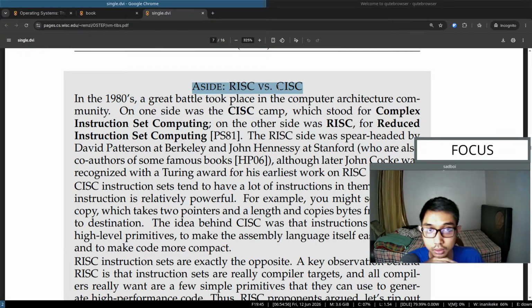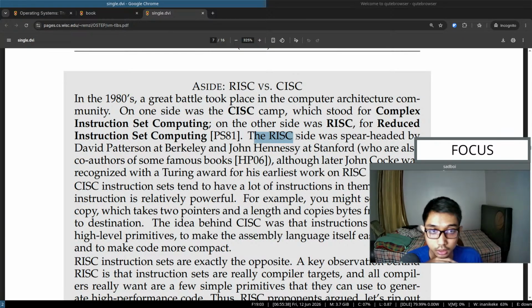Aside: RISC versus CISC. In the 1980s, a great battle took place in the computer architecture community. On one side was the CISC camp, which stood for Complex Instruction Set Computing. On the other side was RISC, for Reduced Instruction Set Computing.